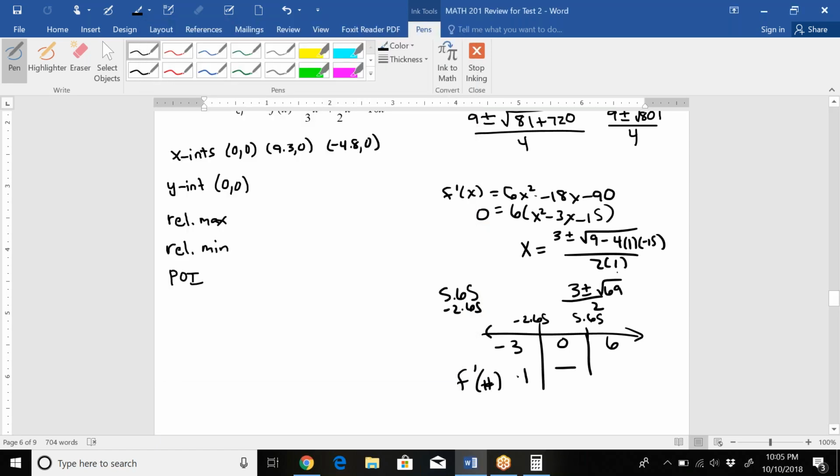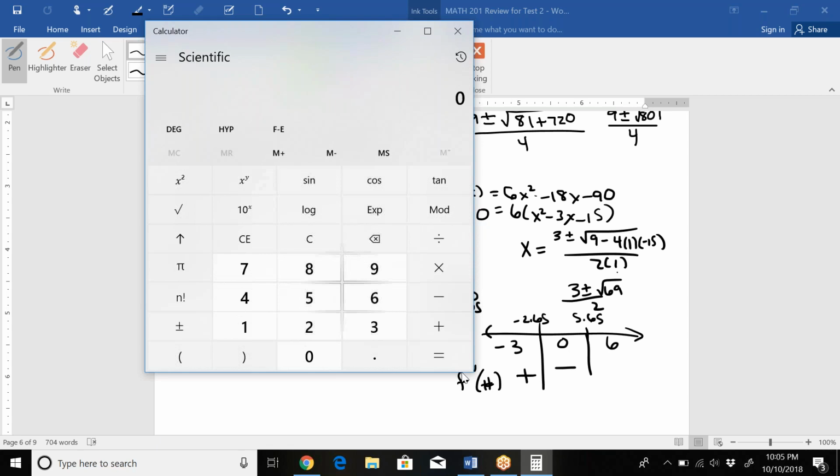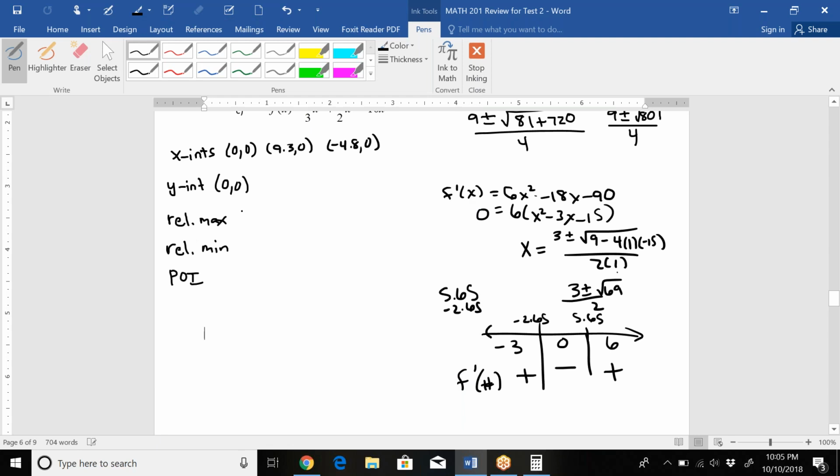So that's positive. If you do 6, that is 36 times 6 minus 18 times 6, and then minus 90. So that's also positive. Okay, so still this relative max happens at negative 2.65, and the relative minimum happens at 5.65. So because that didn't factor the way I thought in my brain, they're actually decimal answers.